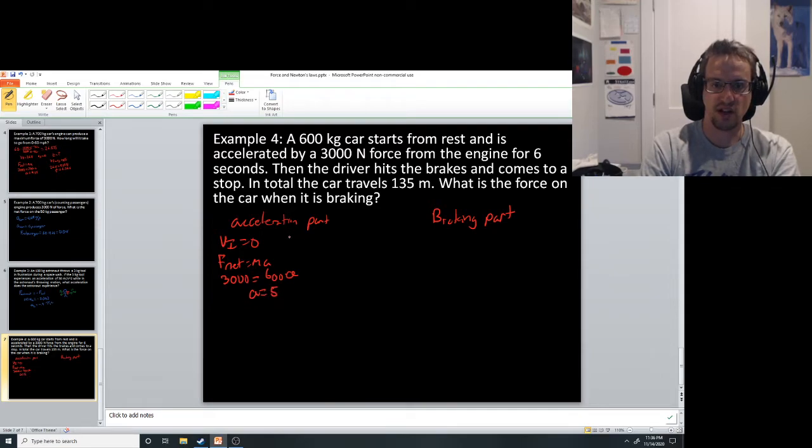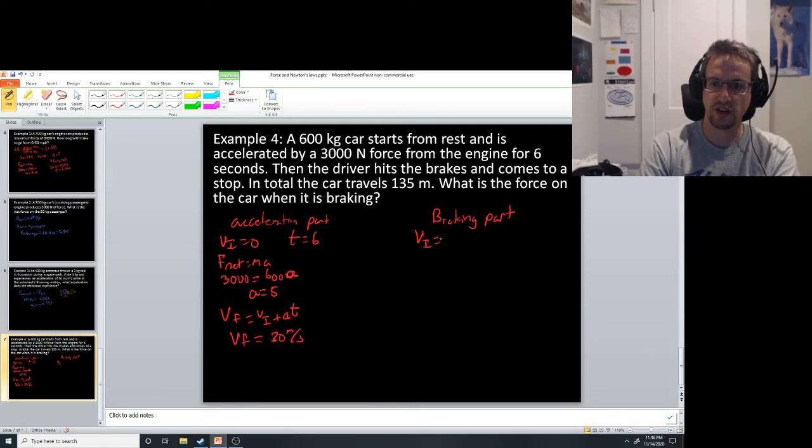And I've got time is 6 seconds. So, in a two-part problem, what do I need to find? I need to find the final velocity. So V final equals V initial plus at. And we should get that V final is 30 meters per second.